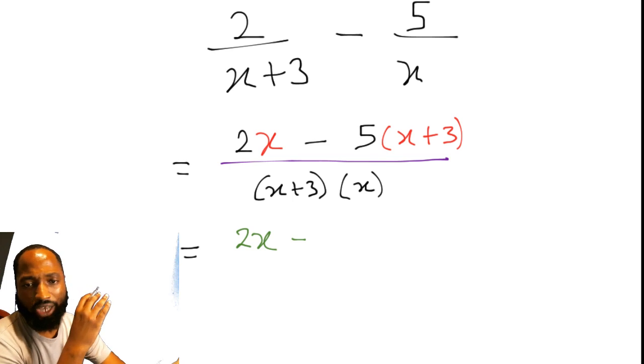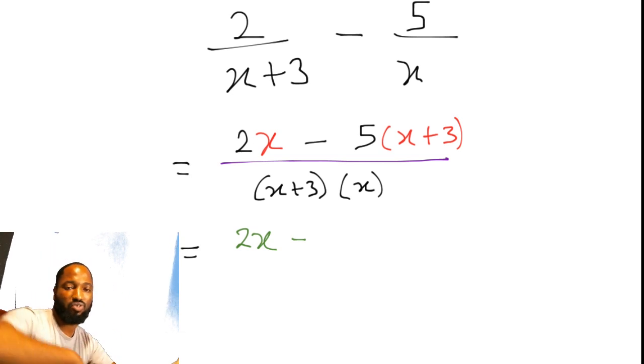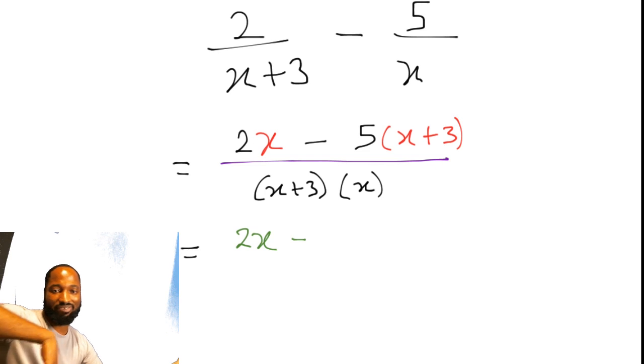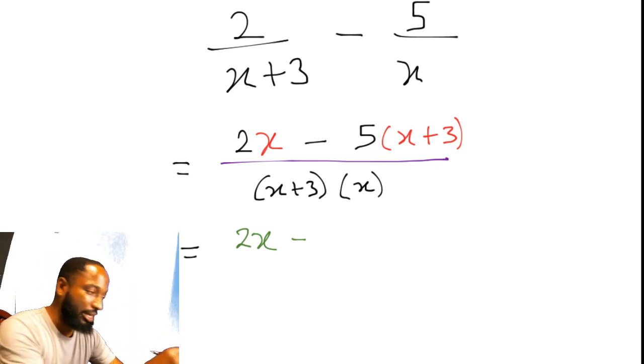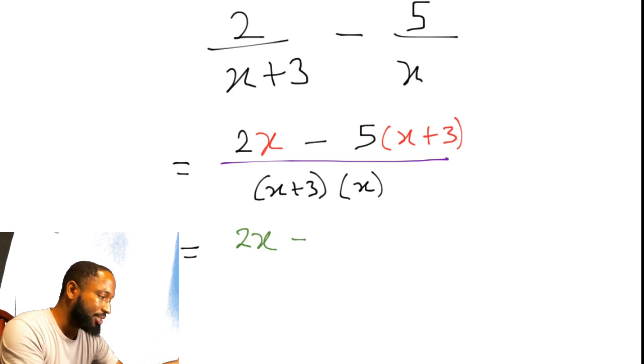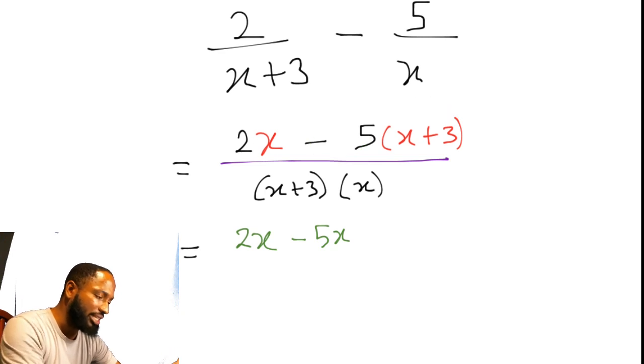And this is when algebra gets tough for people, when you're combining about 3 different concepts together: distributive law, LCM, HCF, factorization, fractions. It means you need to be on top of your game in a broad range of topics. So the negative 5x, and then the negative 5 will multiply by the 3, so you'll get negative 15.